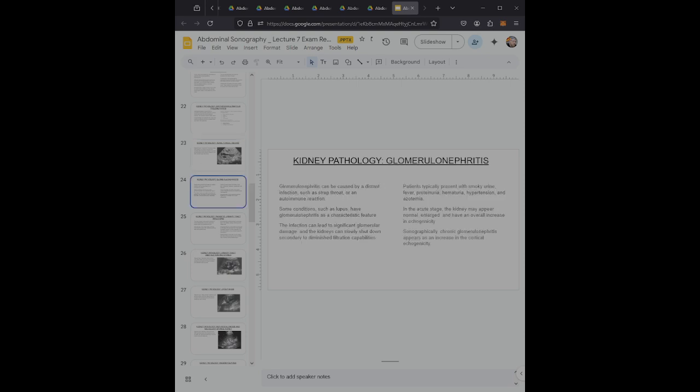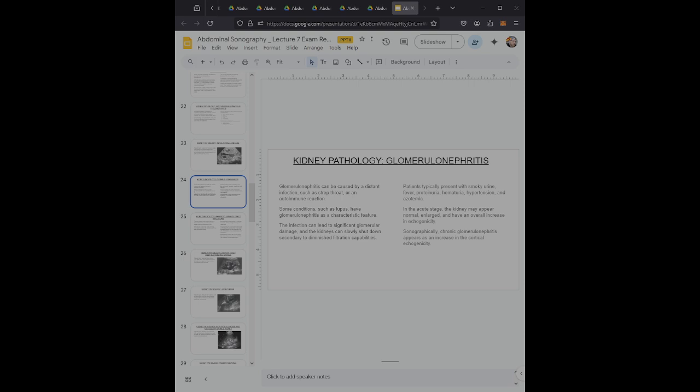Next, we can move on to glomerulonephritis. This can be caused by a distant infection such as strep throat or an autoimmune reaction. Some conditions such as lupus may have glomerulonephritis as a characteristic feature, and it is a result of a long-standing infection that leads to end-stage renal disease.